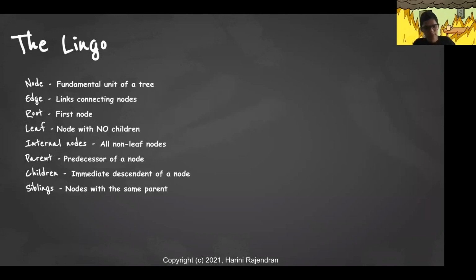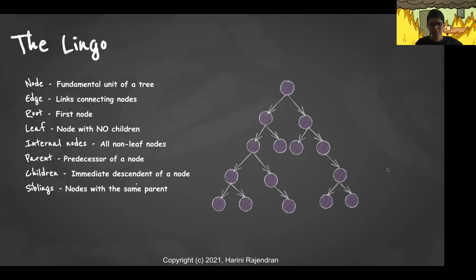So now that we have seen what a tree is, I would like to introduce some terminologies that we commonly use when we talk about trees. As I mentioned earlier, a tree is nothing but a hierarchical structure where nodes are connected to each other in a hierarchical fashion.